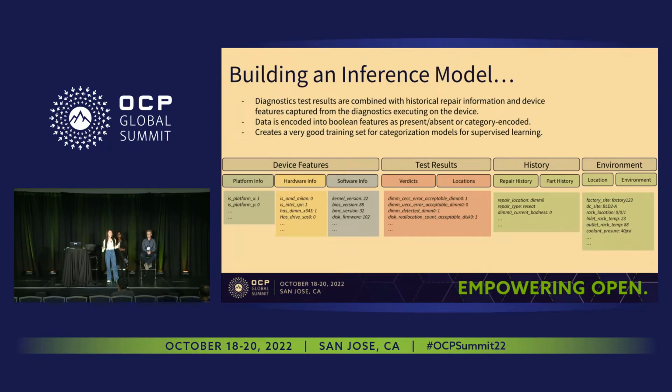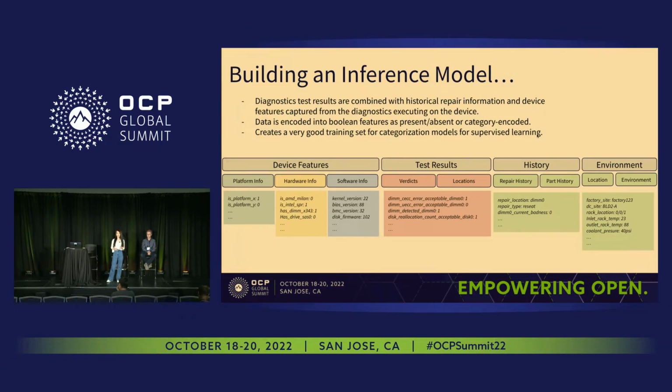Now that we have the data structure, we start to build our training set. These are all the information Dan just mentioned. We need to interpret that data into a language that a machine can understand, which is numbers. For numerical attributes, like sensor readings, we just normalize them and use them directly.